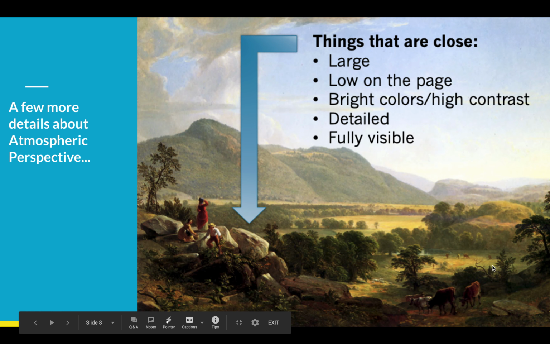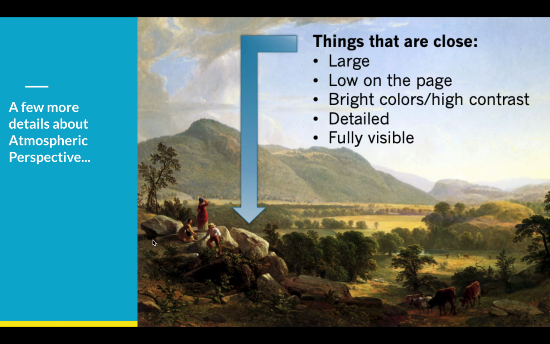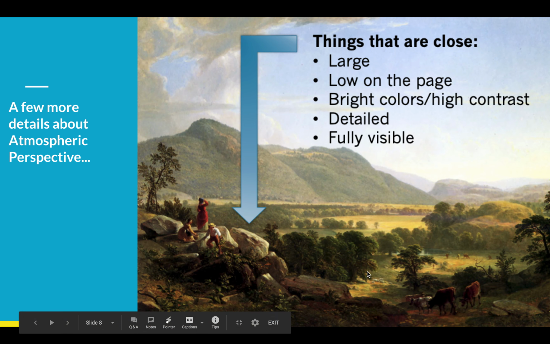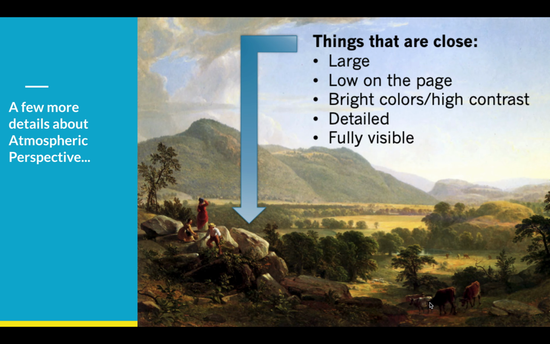You'll see that there's brighter colors and higher contrast happening. So the highlights and the shadows in these rocks or in these bushes is a lot different than the highlights and shadows that we might see over here, or especially back in here. We barely see any highlights or shadows. All of your detail work is going to be in your foreground, and these things are all fully visible, meaning that they're not overlapped.